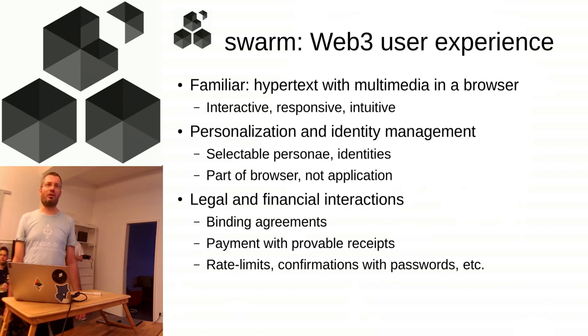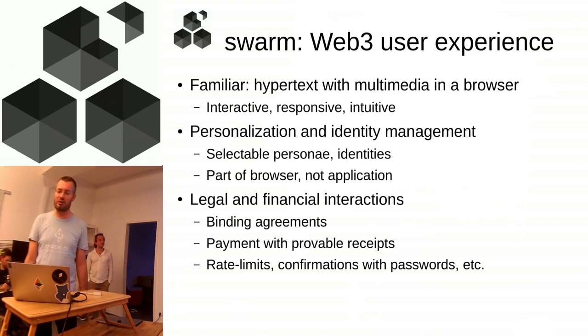Those of you who have seen the preview releases of the Mist browser have already seen that you can browse with different personalities. So you can be your personal account or your role in your company. So you have multiple personas, and you can select one of them for whatever you're doing with the application at the moment. This functionality is actually already built into the browser.